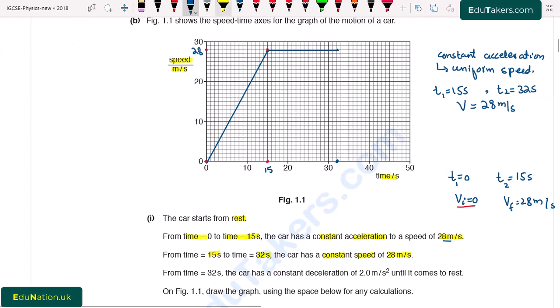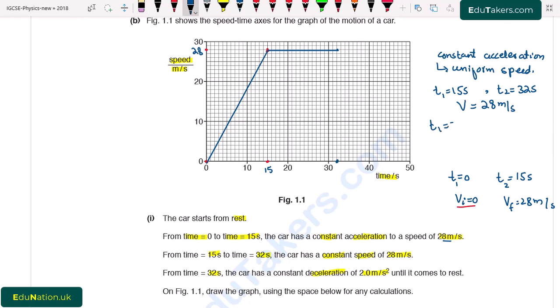Third part, from time t is equal to 32 seconds, the car has a constant deceleration of 2.0 meter per second square until it comes to rest. So first of all, here we are given one time, that body starts from time 32 seconds.